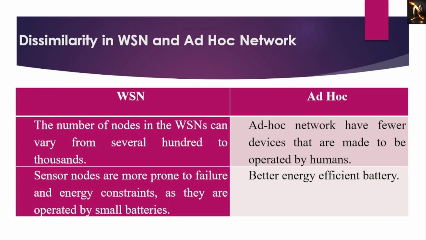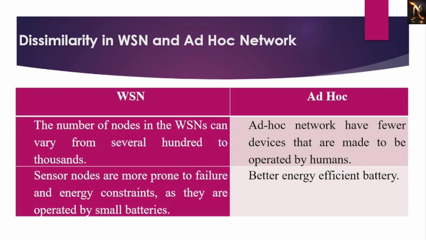The quantity of nodes within a wireless sensor network can range from several hundred to potentially extend into the thousands. Sensor nodes in WSN are frequently characterized by resource constraints and specialization for sensing tasks. These nodes are susceptible to failure and energy limitations, given their operation on small batteries.